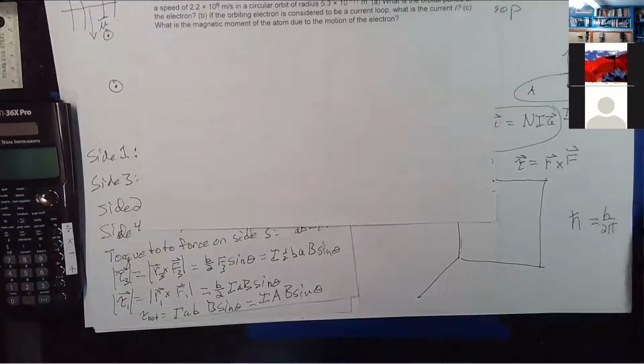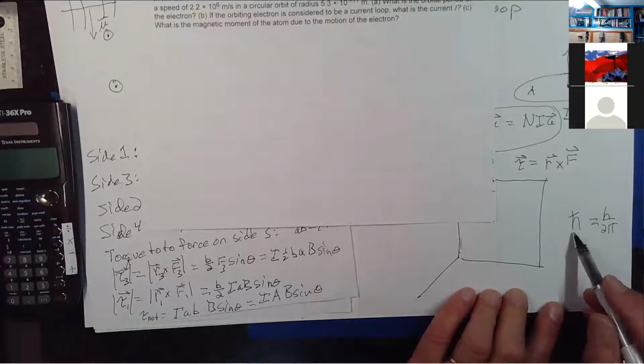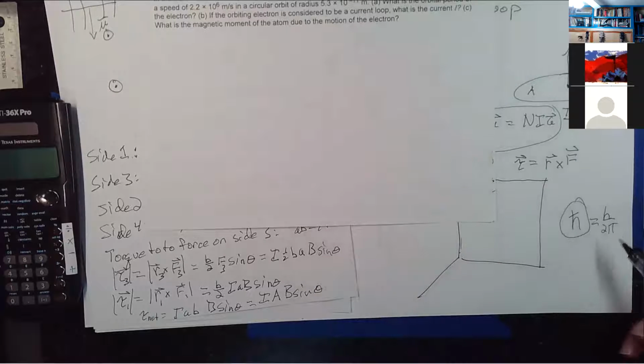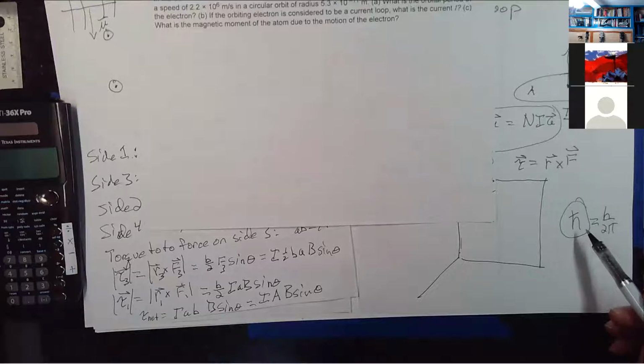When I was writing my thesis, I was one of the first graduate students at the University of Minnesota to use a word processor for a thesis. They were a brand new thing in 1987 and 89 when I was writing it. My thesis advisor was very impressed that I figured out how to make this symbol. It's called h bar, but it's just h divided by 2 pi, and it's a pain in the neck to have to write this. But I just figured out a macro.